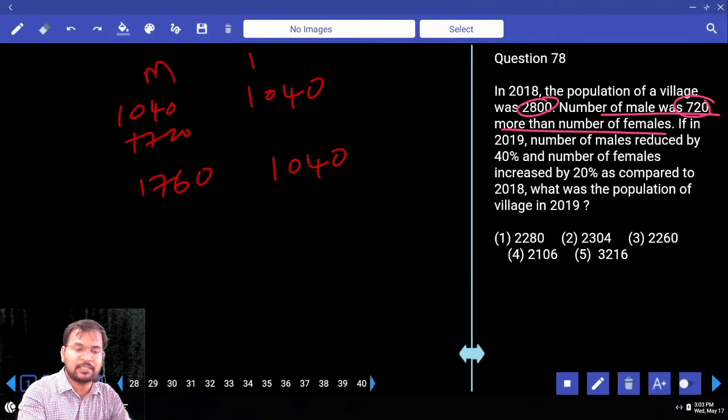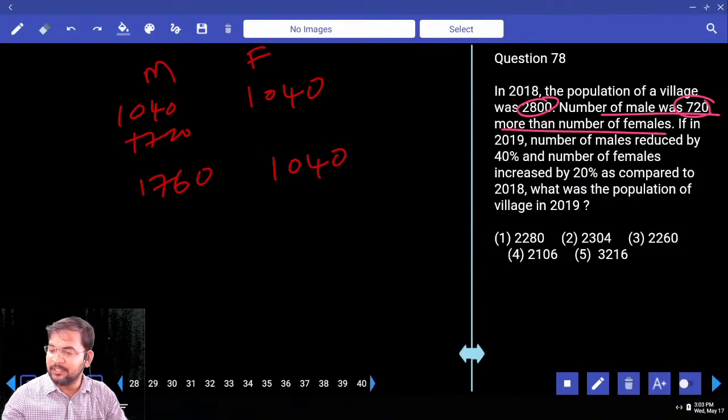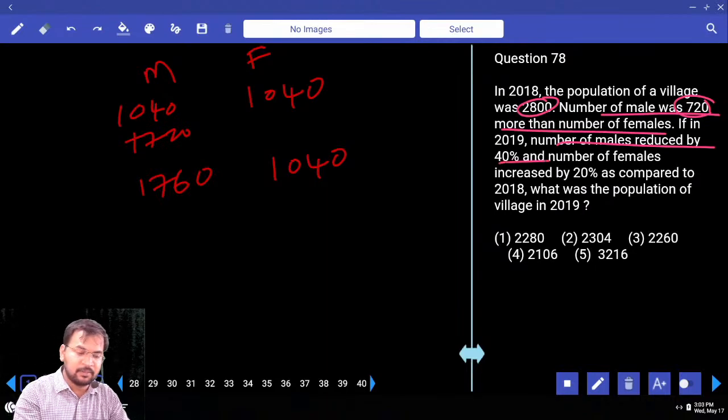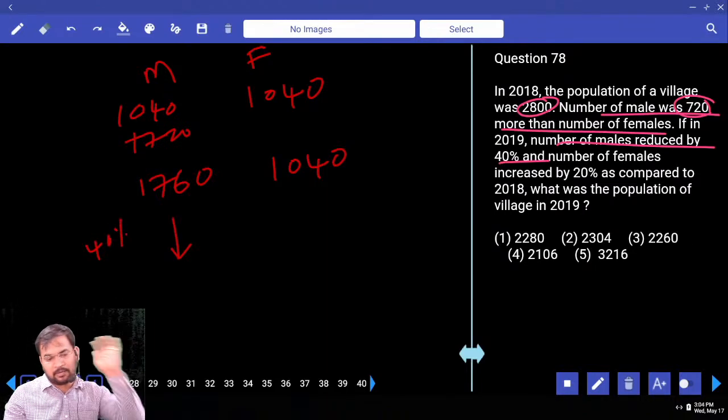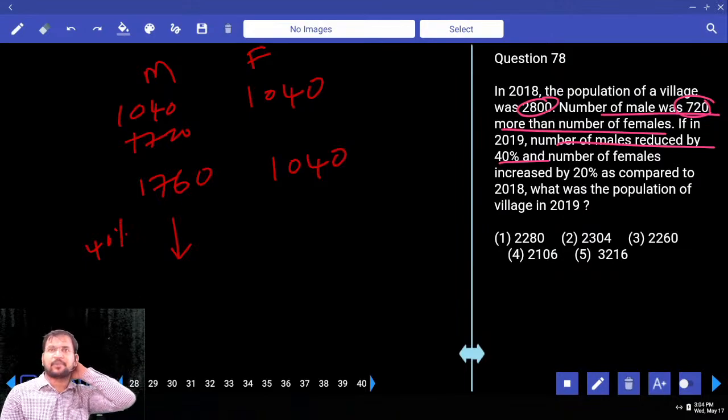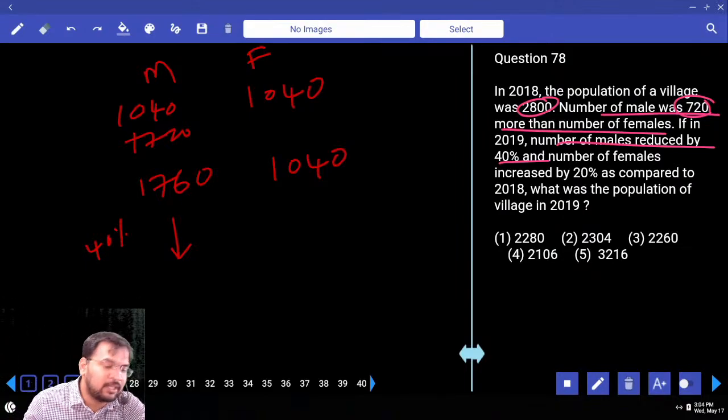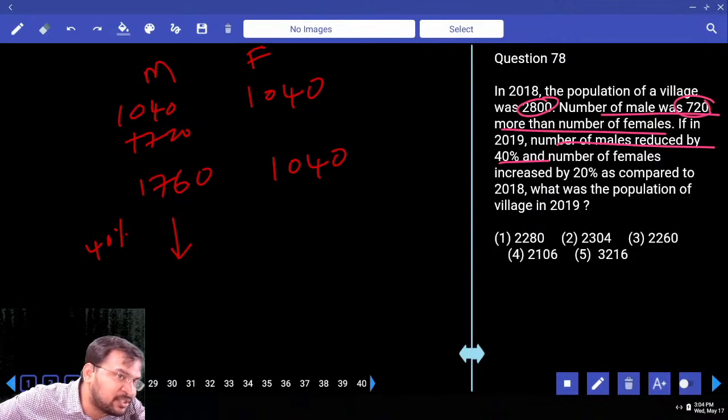Males is reduced by 40%. 4 into 176: 4 times 175 is 700, 175, 350, 700. 4 ones are 4, so 704.